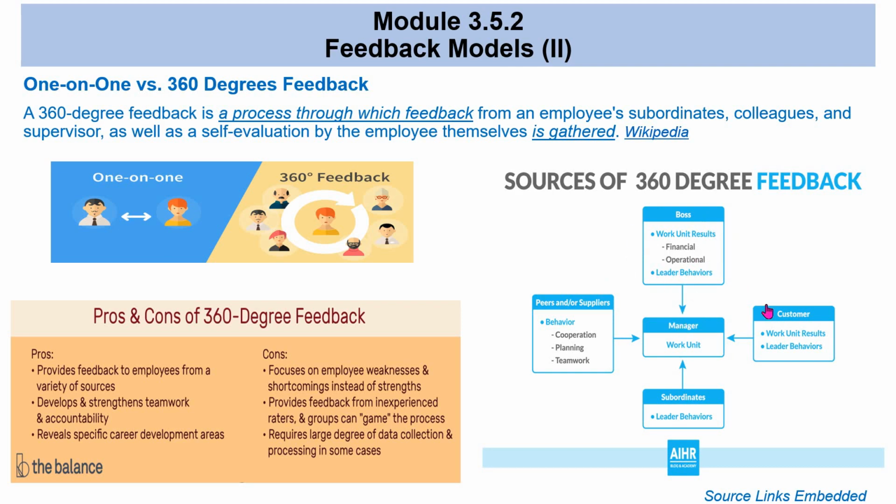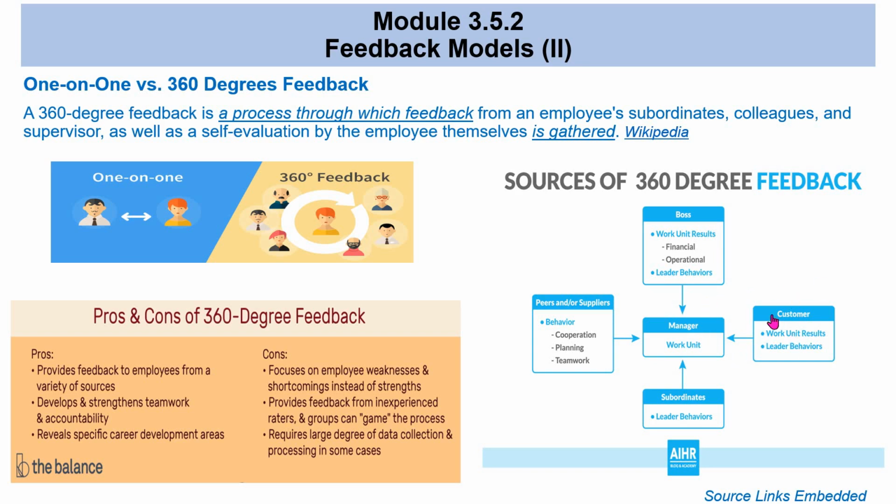A 360 feedback is something that many organizations also ask for, where you're in a work unit and you're interacting with your boss, with your customer, with your subordinates and other peers. And you want to know what they think about you. It could also be a team member who needs to gather this in order to also get some assessment for himself or herself. So it's a good way of gathering feedback because then people you work with can give you feedback based on, for example, your boss who can give you something on financial or leadership behavior or how you do things.